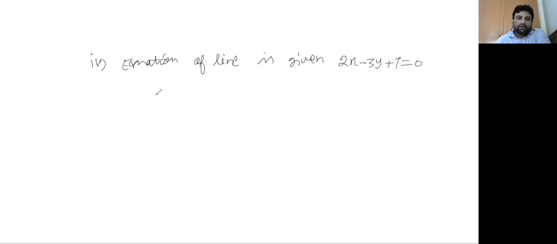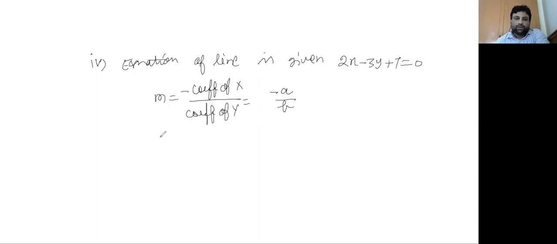Again we know that m equals minus coefficient of x divided by coefficient of y. This formula we can use. It means minus a by b, just as I taught you. So m equals minus, and the coefficient of x is 2, and the coefficient of y is minus 3. So this minus and minus will cancel, and the final answer will become 2 by 3.